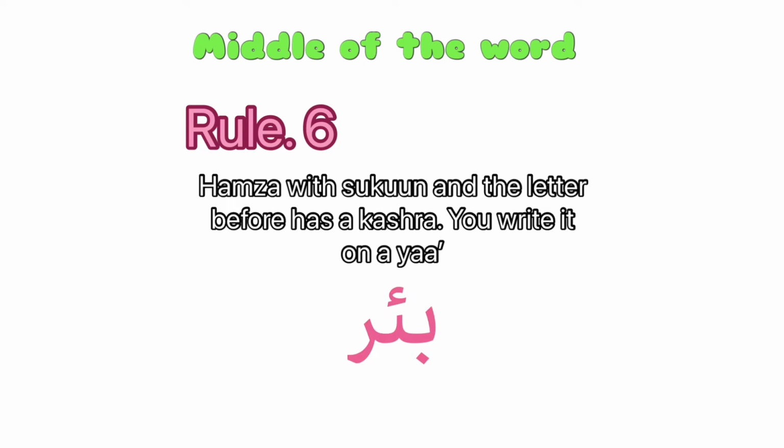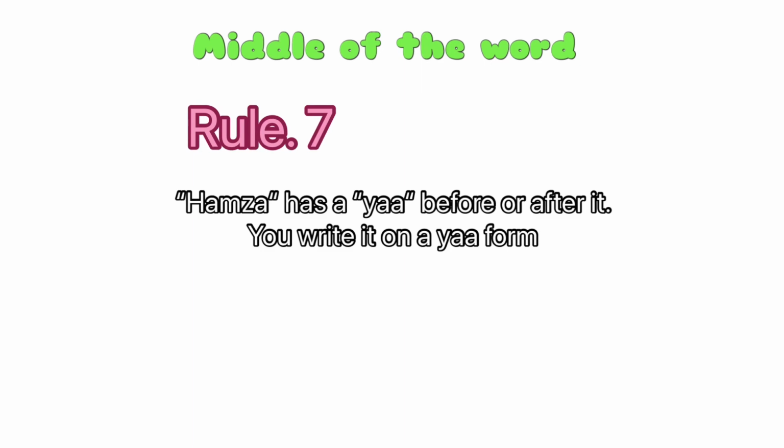Bi'r means well. Rule number 7: when a hamza has a ya before or after it, then you are gonna write it in the ya form, such as bi'atun. Bi'atun means environment, and it is always written as a ya form, hamza on top of a ya. The ya would be acting as a carrier.